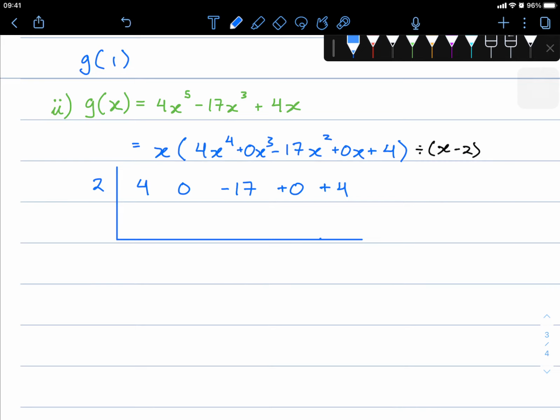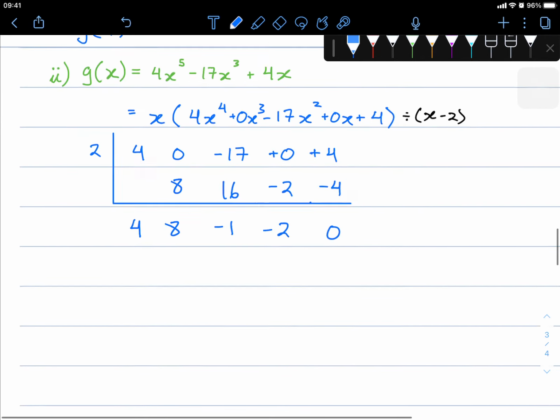Now that we have that set up, long division happens as per usual. Ignoring the first, multiplying, adding, multiplying, adding, multiplying, adding, multiplying, and then adding.